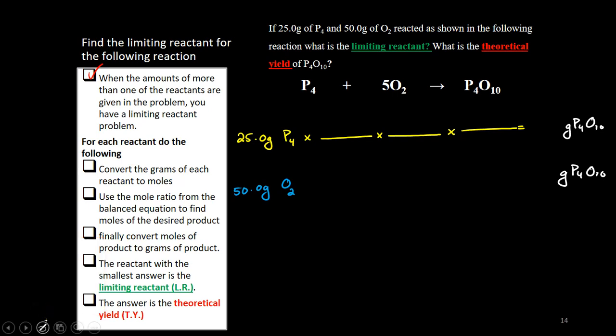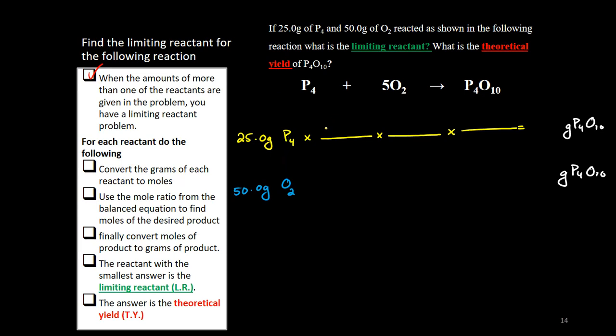Okay, so I'll use orange to write my conversion factors on the top and the bottom. So the first thing I have to do is to figure out the molar mass of P4. Remember, whenever you go from mass of one substance to the mass of a second substance, the first conversion factor is always molar mass. So that is just the molar mass of phosphorus times 4.